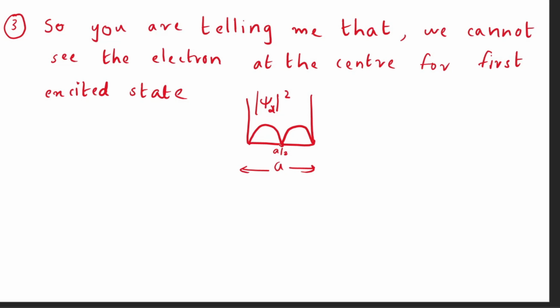At a by 2, the probability is 0. It means that we cannot see the electron there. We should not get confused. We should not think, if it is an electron, a particle, how can it vanish at that position? It is moving within this infinite potential box. Suddenly, how can it vanish at that central position? How can we not find a particle at a by 2?